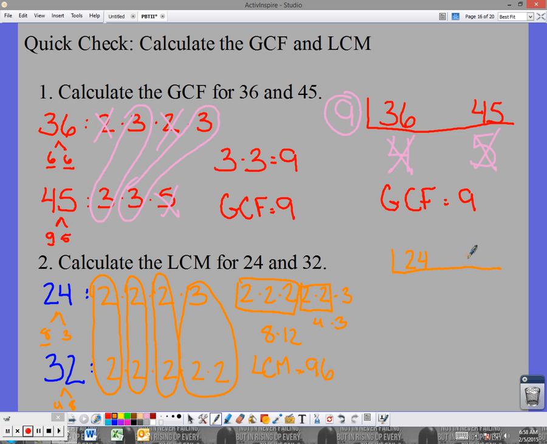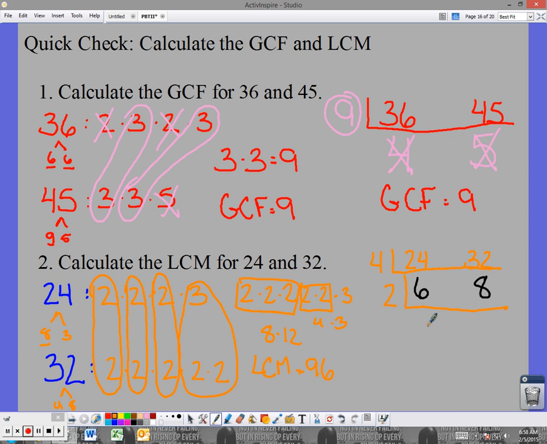Now, I believe that the largest number that goes into both is 8, but let's say I don't choose 8. Let's say I choose 4. How many times does 4 go into 24? It goes in 6 times. How many times does 4 go into 32? That goes 8 times. Now, let's try and find a factor that goes into both 6 and 8. And I said it is 2.